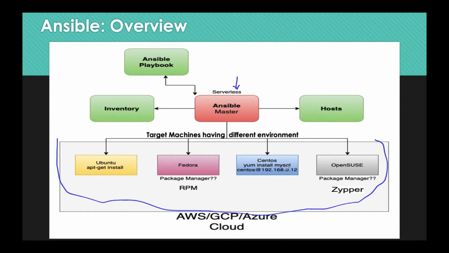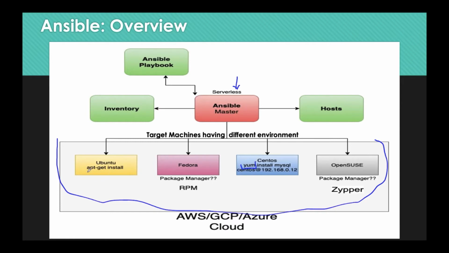Now, basically, you want to perform some task or make some configuration on these remote machines. Let's say you want to install some packages on these different environment machines. We might have a case where some machines use a CentOS-based environment. We all know that CentOS uses the yum package manager to install packages.